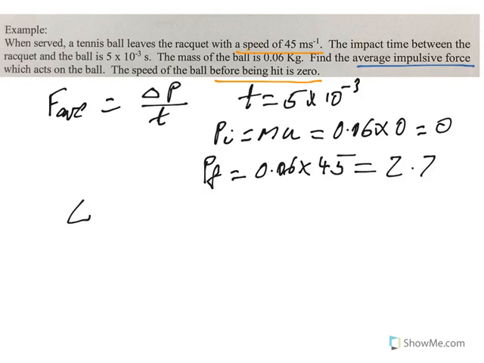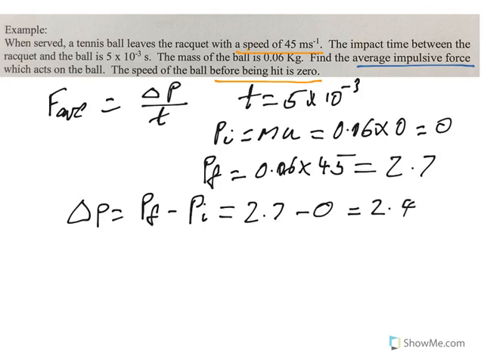So our change in momentum then is our final minus our initial, which is 2.7 minus 0, which of course is just 2.7.